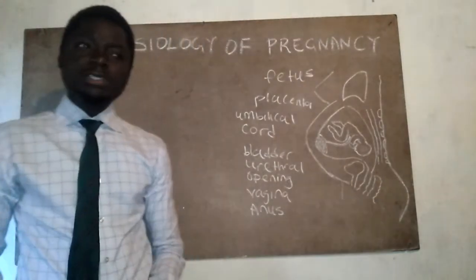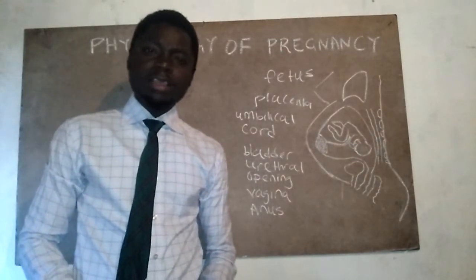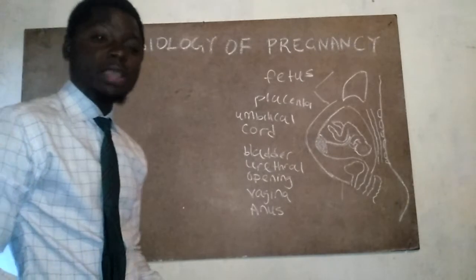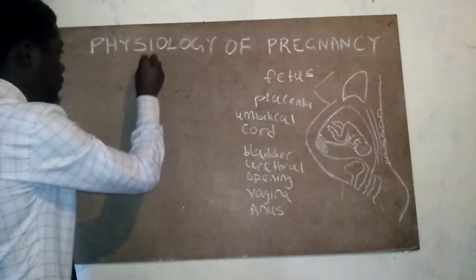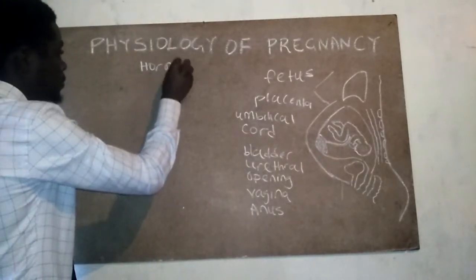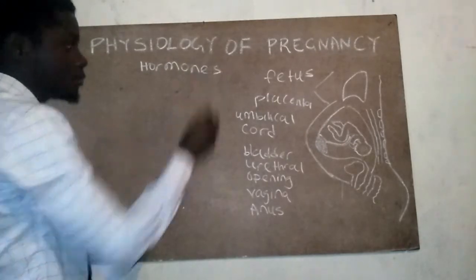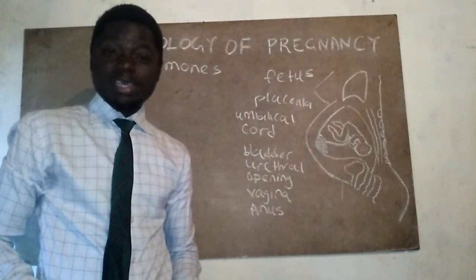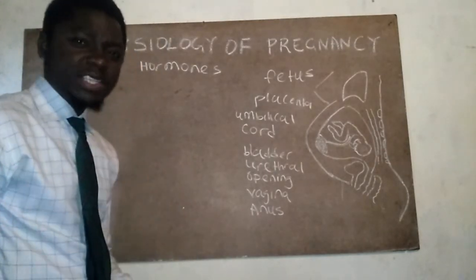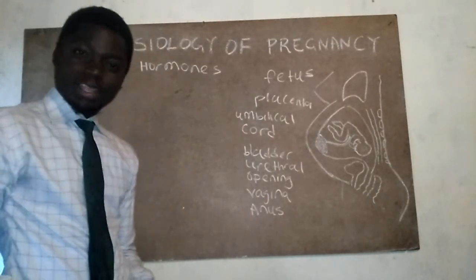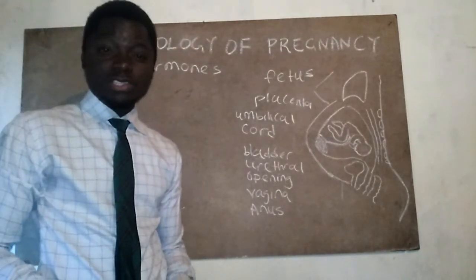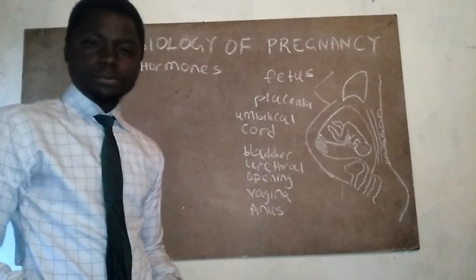Now, all of the physiological changes in women are going to be regulated by hormones. The process of physiological changes in pregnancy starts in the luteal phase of the menstrual cycle. As you can remember, the luteal phase is the third phase of the menstrual cycle.